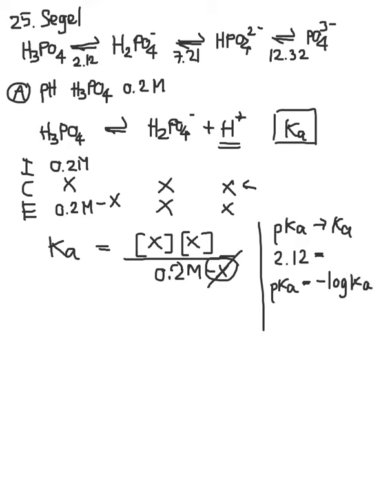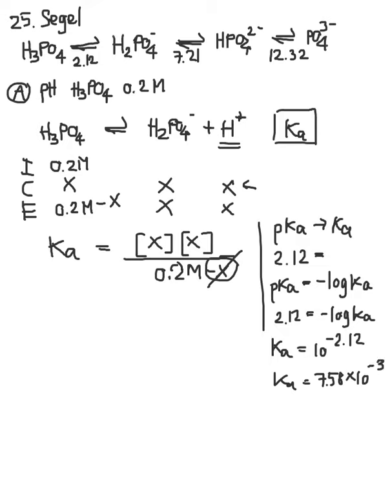So 2.12 equals minus log Ka, and Ka equals 10 to the negative 2.12, which equals 7.58 times 10 to the negative 3.